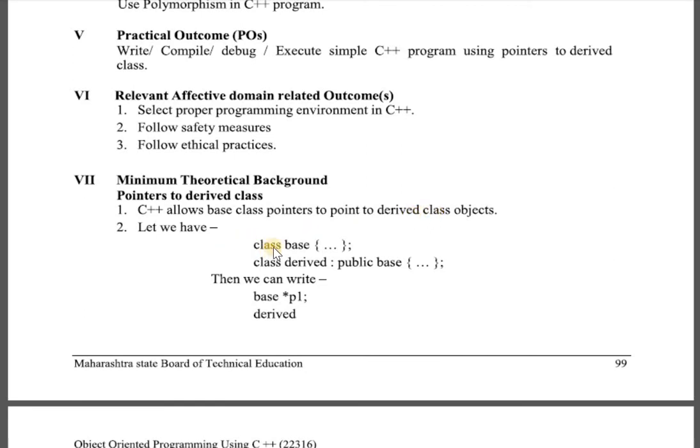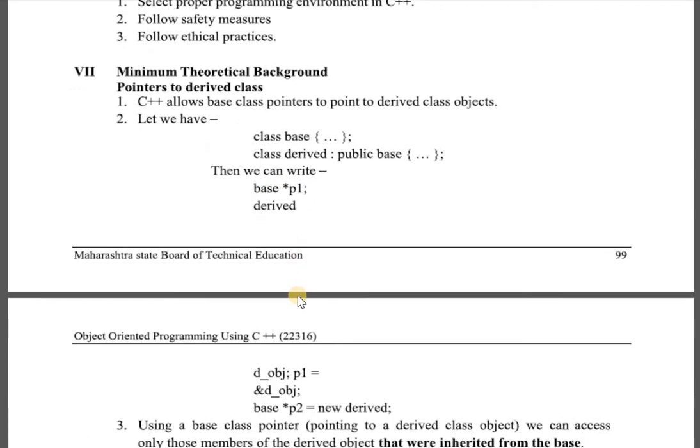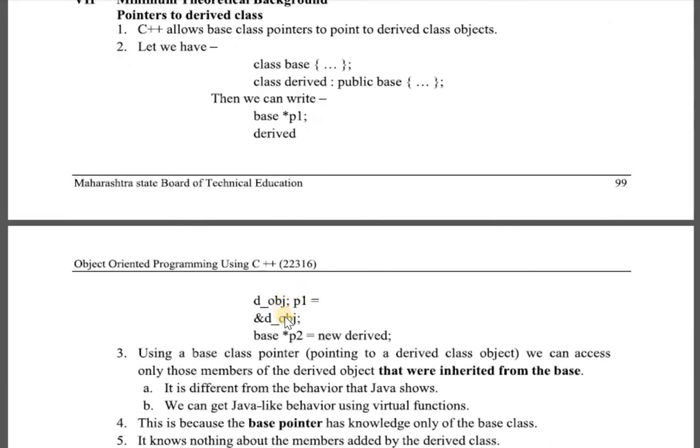We have one base class, then one class is derived from the base class. If we create a pointer of the base class, then it can also point to the derived class object. See, Base asterisk P1: here a base class pointer is created.